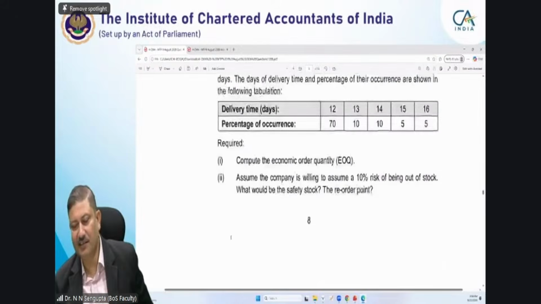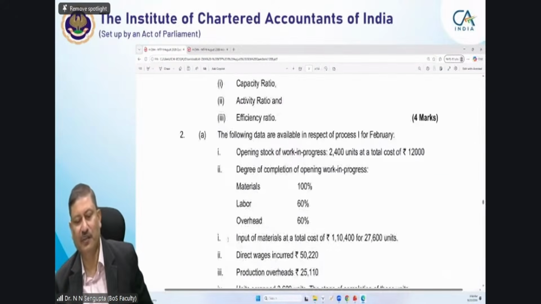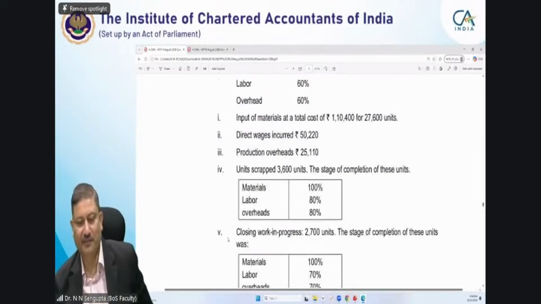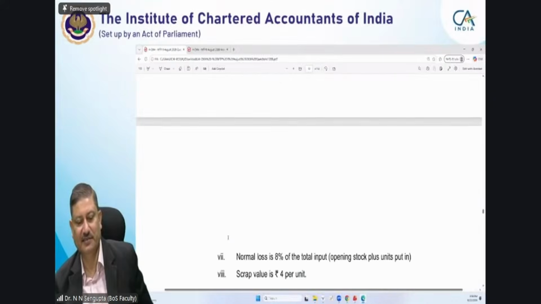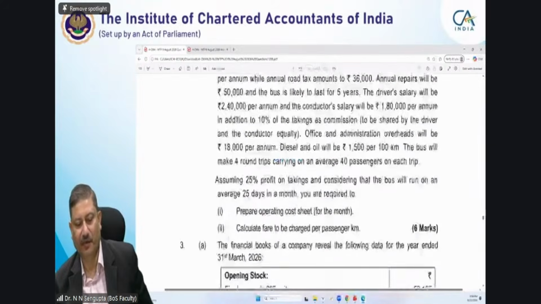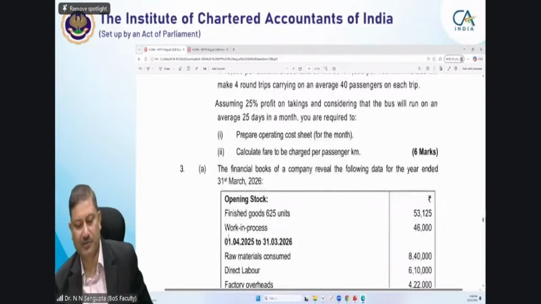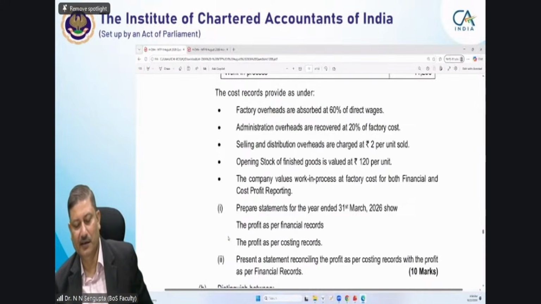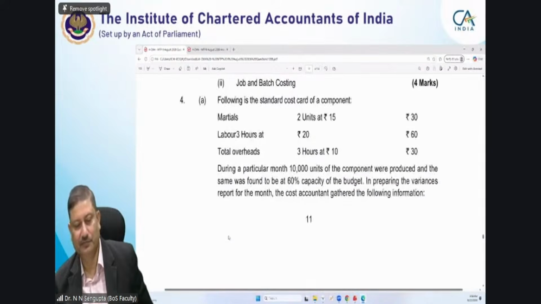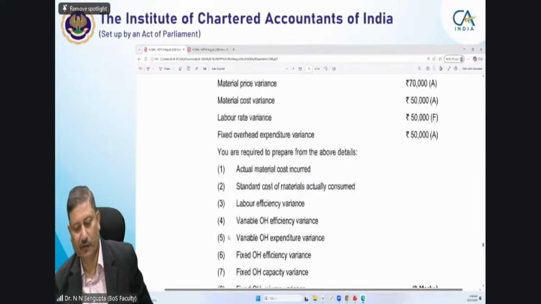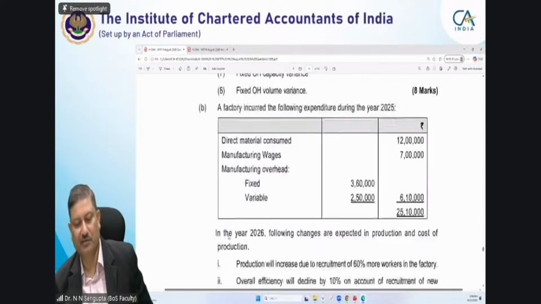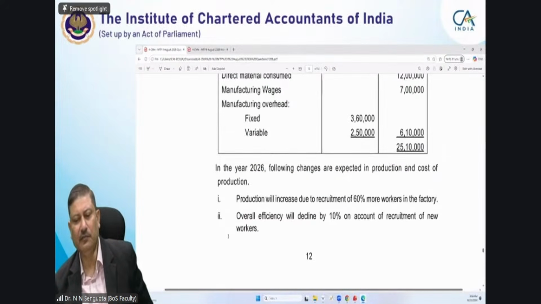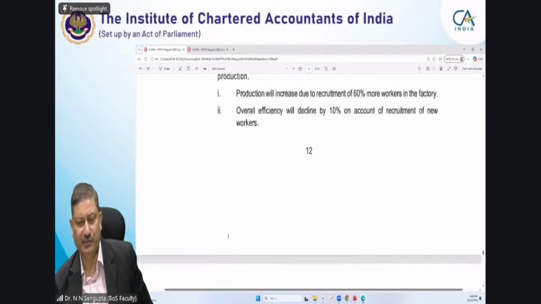This is another interesting question of EOQ. Capacity ratio, activity ratio, and efficiency ratio. Sometimes you find process, operating cost, or service costing, then reconciliation, then a standard costing question, then an employee cost, recruitment related question.